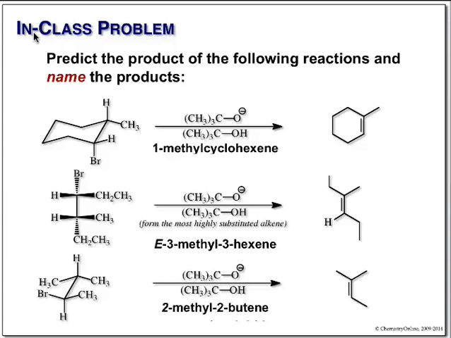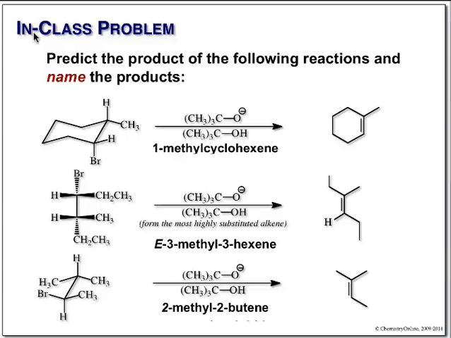Any questions? All right, so this is a nice representation of most of the reactions that you know. So, again, if you know this set and you can come up with all of these products and you can think about stereochemistry and stuff, you're actually in pretty good shape.